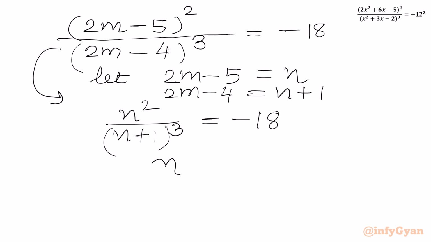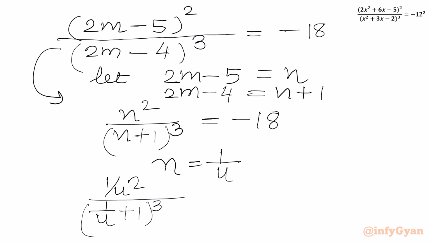Now n equal to suppose 1 over u. So I can write here 1 over u square over 1 over u plus 1 whole cube. This will be equal to minus 18, or we will get 1 over u square and in denominator 1 over u cube.